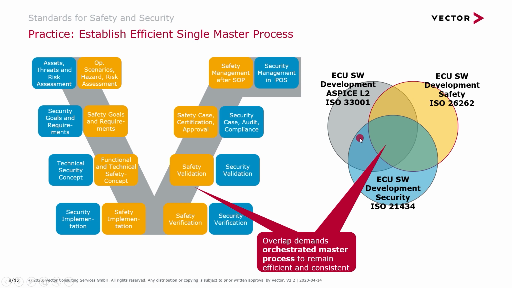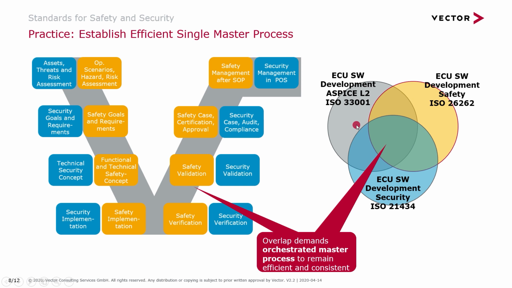In fact, process management such as ASPICE already considers this overlap, and this is what we show on the right side in this picture, which shows the overlap between safety as a standard, security, and also the underlying process framework, which we govern by means of ASPICE.